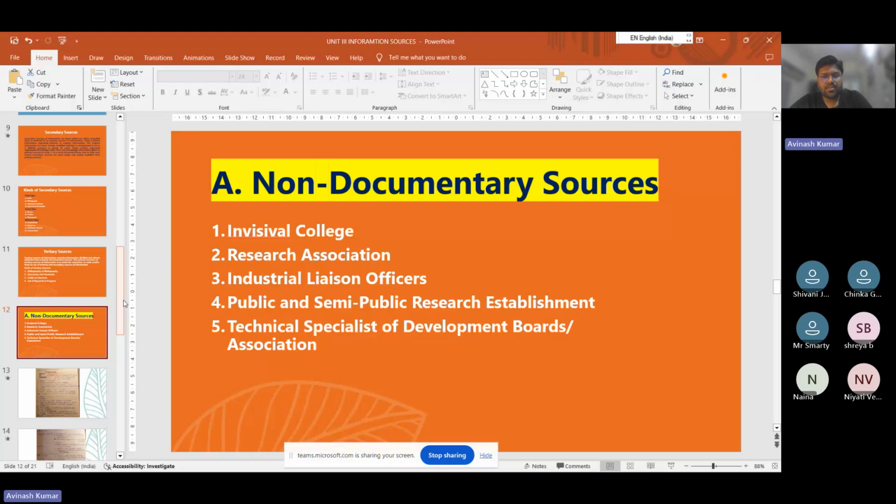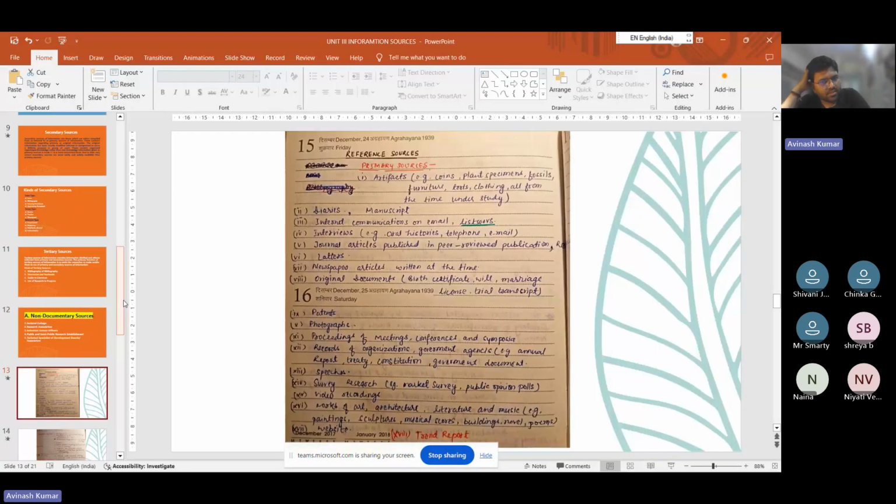Actually, I have taken a picture from my notes, and you can see the list of all primary sources.